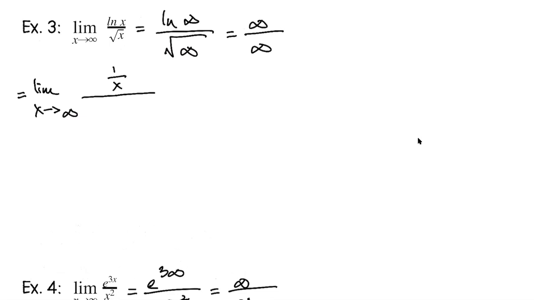And that's something that we've seen, especially with our integration by parts, right? If we see a natural log, we knew we had to choose that as our u, and so that helps us practice that derivative a little bit, right? So we've got 1 over x. Now, this one over here, I just want to rewrite as x to the 1/2, okay? And so when I take the derivative of x to the 1/2, I'm going to get 1/2 x to the negative 1/2.